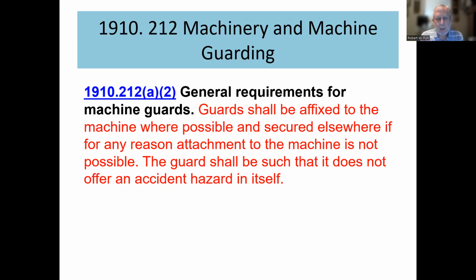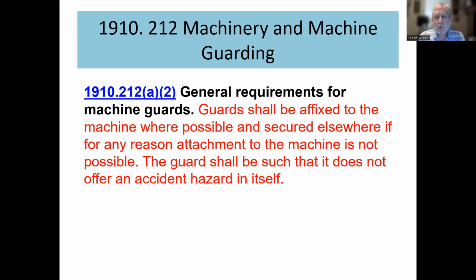General requirements for machine guards. This is very important. Guards shall be affixed to the machine where possible and secured elsewhere if for any reason attachment to the machine is not possible. The guard shall be such that it does not offer an accident hazard in itself. That makes sense. Why do you think they want it attached to the machine?